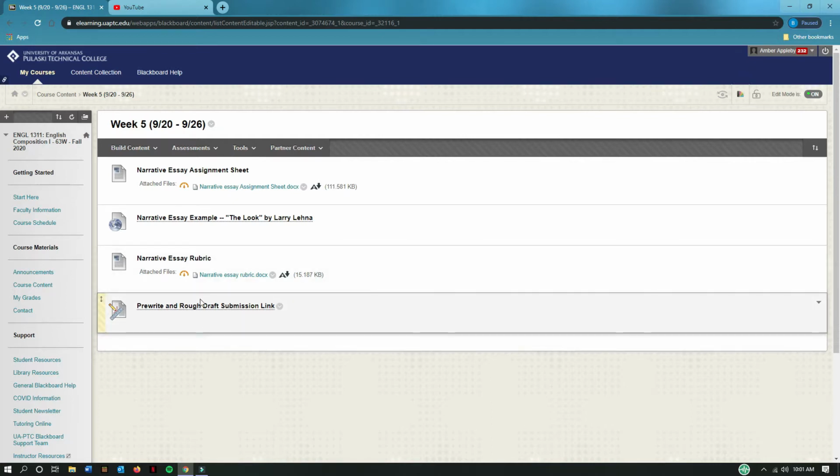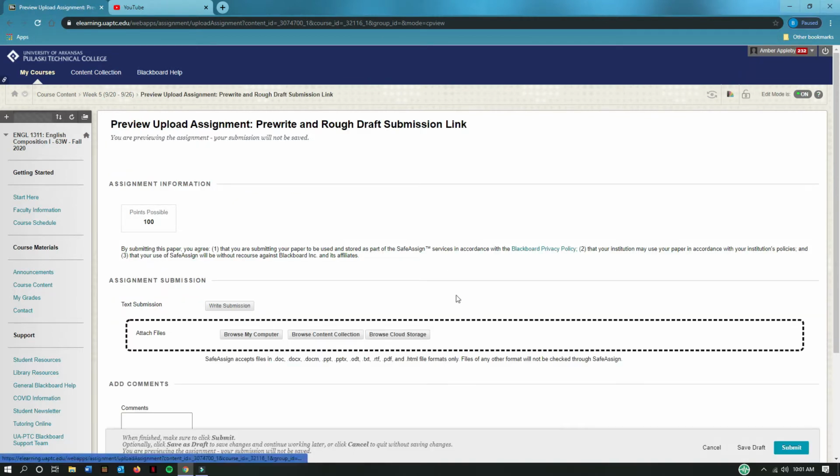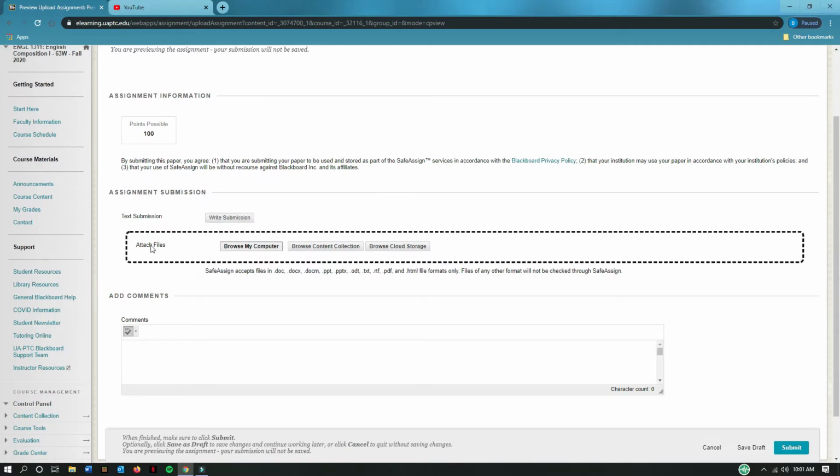So this is going to be just like the journal. You're going to go in and attach files, drag and drop. For your rough draft, please submit it as a .doc or .docx or something.